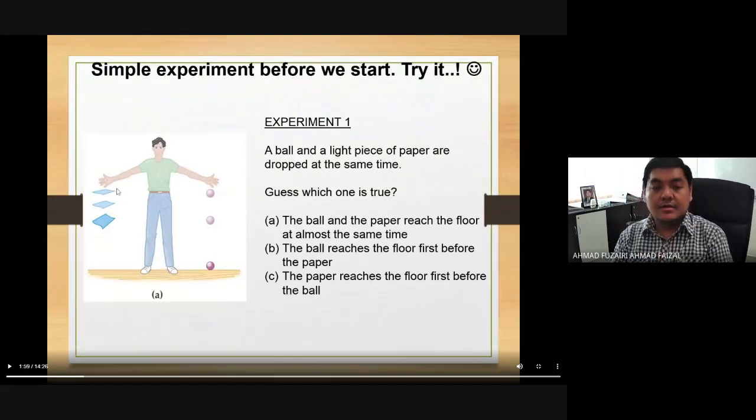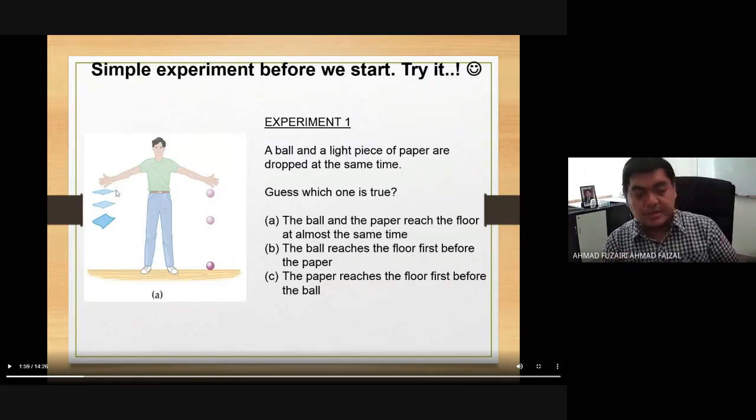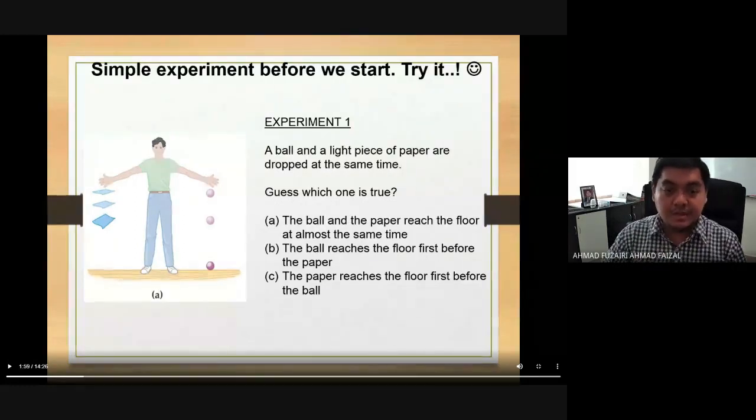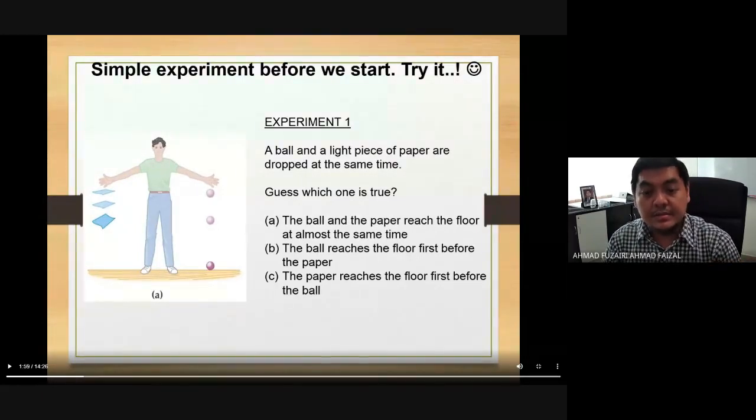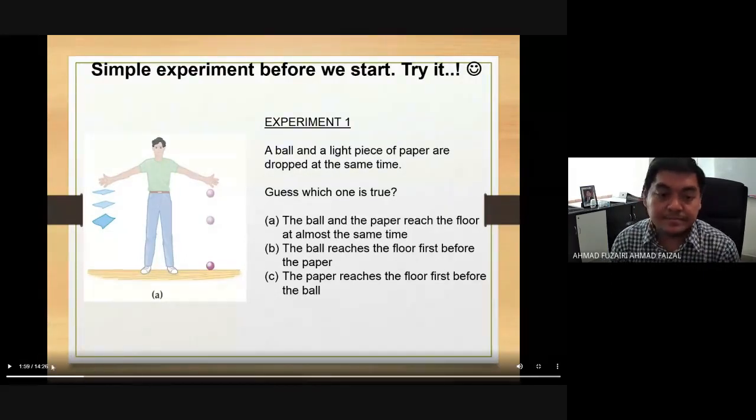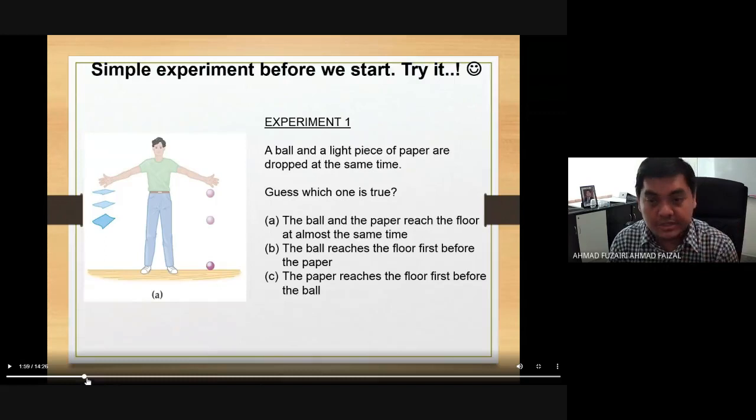The surface area of the paper is much bigger compared to the ball, so the paper will be influenced by the air resistance. Therefore, the paper will not reach the floor at the same time as the ball. The ball will reach the floor first compared to the paper.